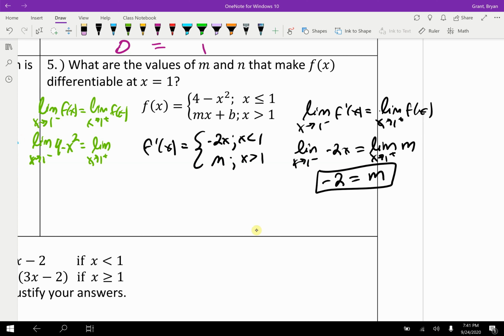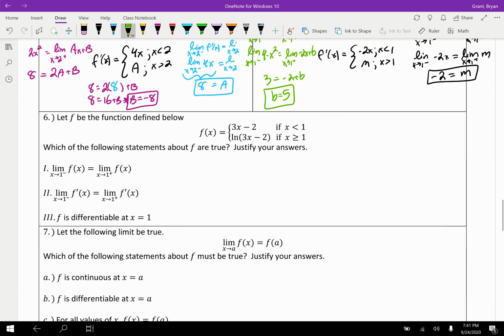Actually, we know m. Let's just replace m with negative 2x plus b. Easy enough. Should be lowercase. Whoopsies. And then we plug values in. So we get 4 minus 1, which is 3, and then we get negative 2 plus b, so I think that tells us that b is 5. Gosh, we're good.